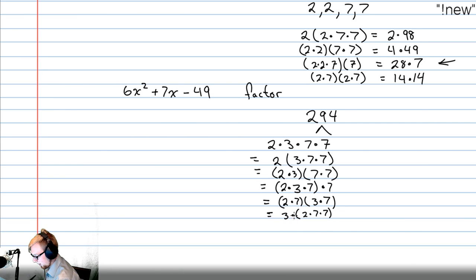So the last one is I had 3 outside of the parentheses, 2 times 7 times 7. Right, that's the first one I have. Okay, what about 2 times 3 inside the parentheses? So just swap the 3 and the 2. I do not have that one. So it's 2 times 3 in the parentheses, and then times 7 times 7. So there's 1. Okay, so I have 1, 2, 3, 4. Okay, now I have 5. Okay, now double check yours.